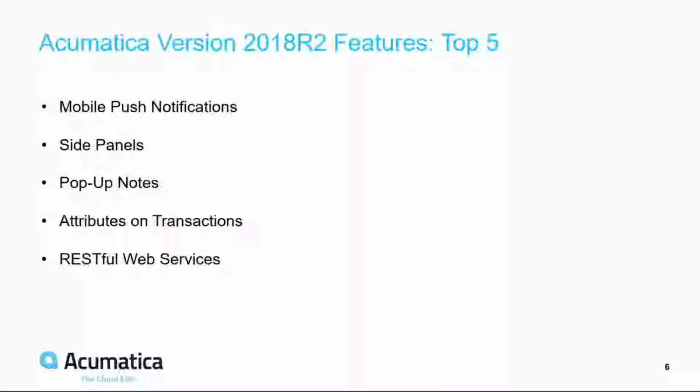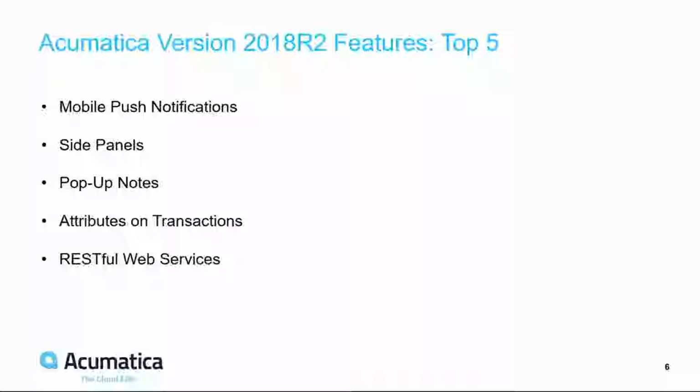So that brings us to the core of our session for today. There are the top 5 features that I've put together that I'm going to highlight today, actually in an instance of the 2018 R2 Acumatica functionality that I think is really, really nice and really beneficial, and even possibly something that you've thought of or asked for before from Acumatica.